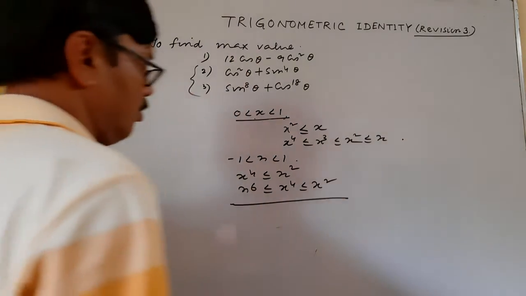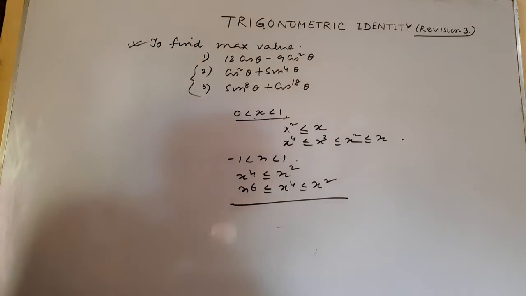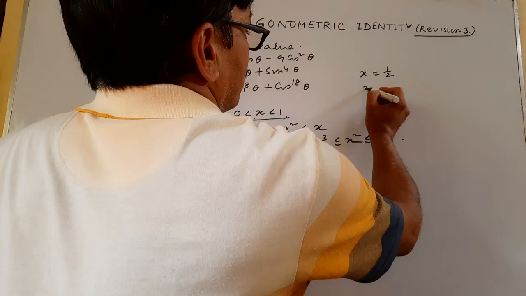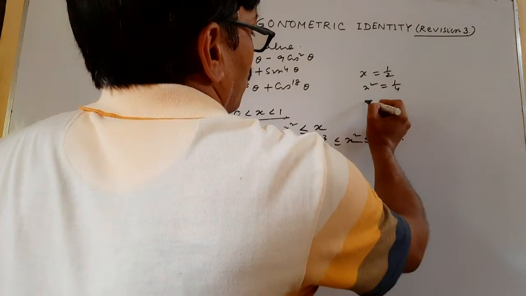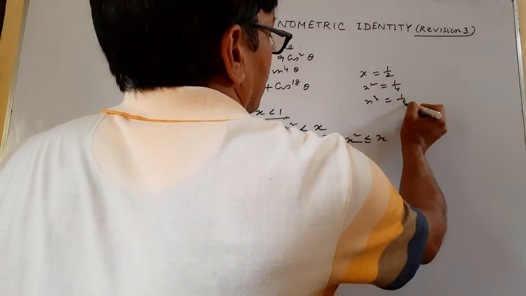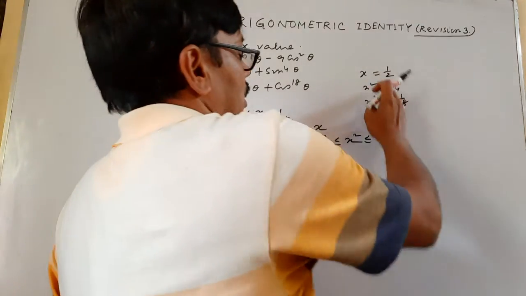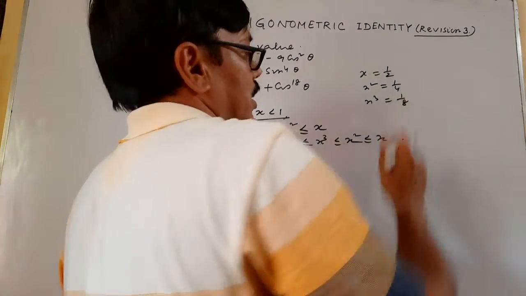Obviously less than 1. So look, why? Suppose x equals half. Now what is x square? 1 by 4. What is x cube? 1 by 8. So as the power increases, the value decreases.